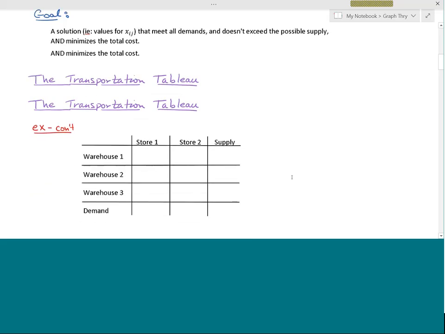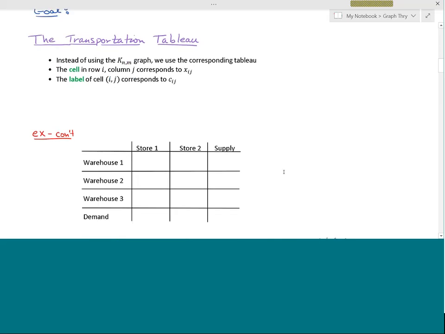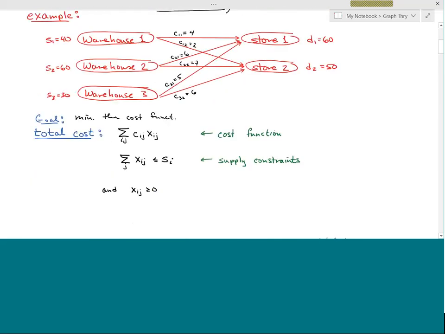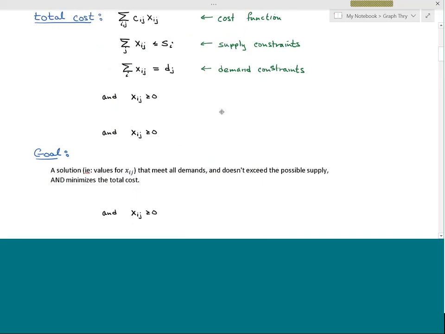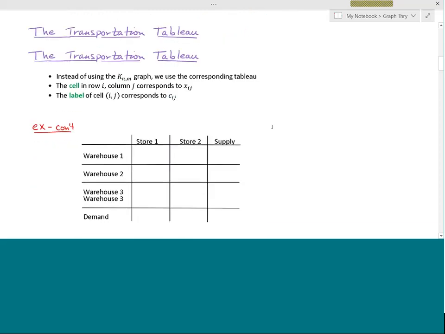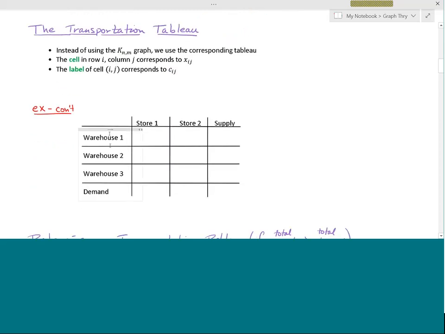So with the example that we just had, the one that's right up here, we had 3 warehouses and we had 2 stores, so we had a grand total of 6 edges involved, and there was a cost associated with all of those 6 edges. Okay? So when we put this down here in our tableau, first thing that we do is we write down all of our warehouses.